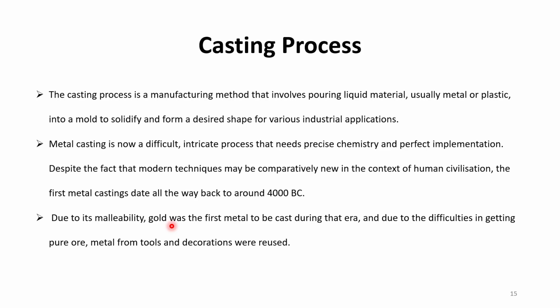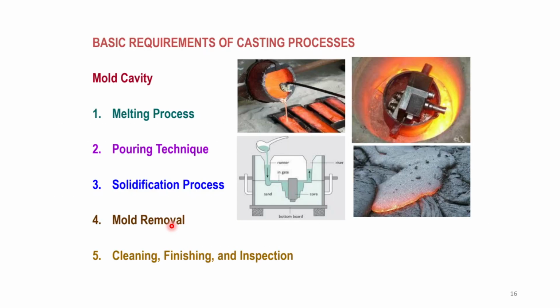Now these are the basic requirements of casting. Firstly, you have to form a pattern, then using the pattern you have to form the mold cavity, and then melting of the scrap. Some scrap you already have available, in aluminum or other steels, and you can melt those in a furnace, then pour that material into the mold.